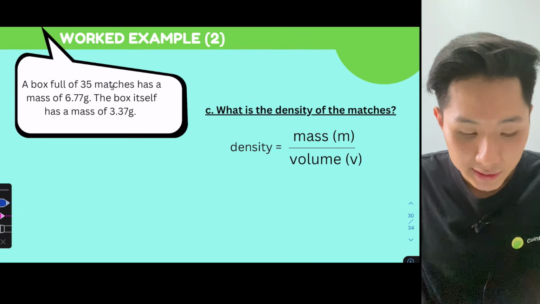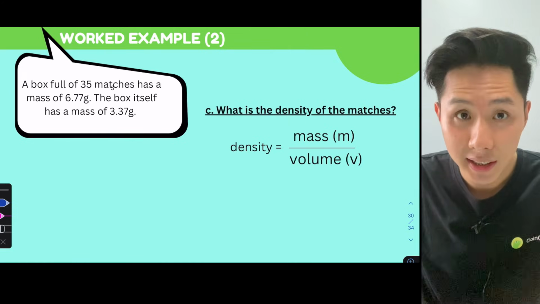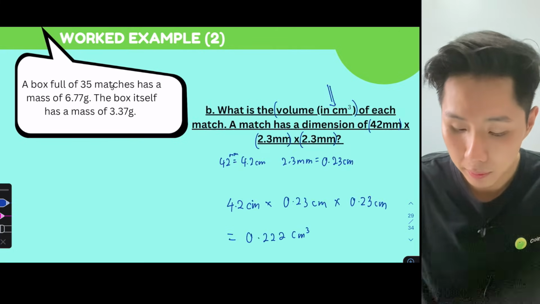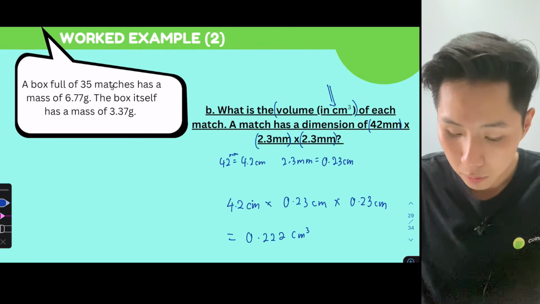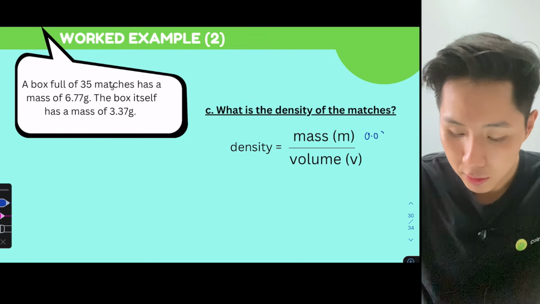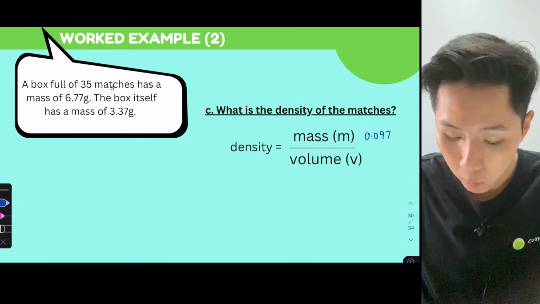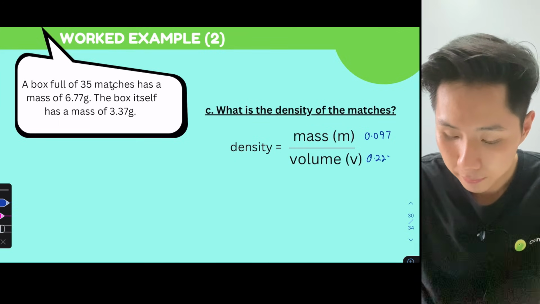So last but not least, we need to calculate the density of one match. To calculate the density, we need the mass and also the volume. From the previous two examples, the mass of the match is 0.097, and the volume of it is 0.222.